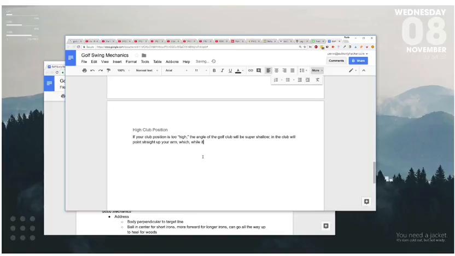Which, while it might make intuitive sense, can reduce your ability to generate power because the angle of your wrist hinge is essentially non-existent.